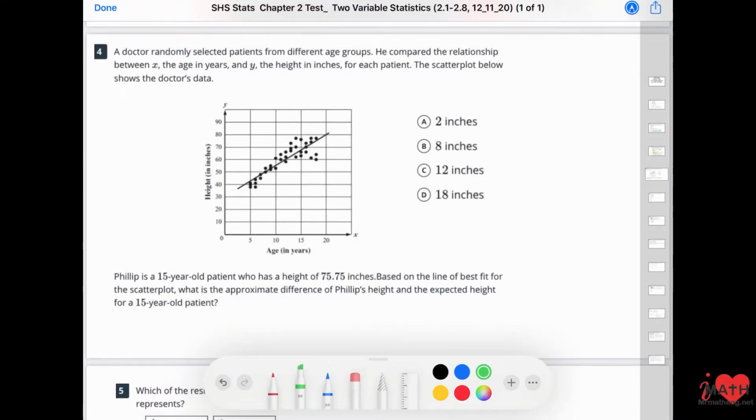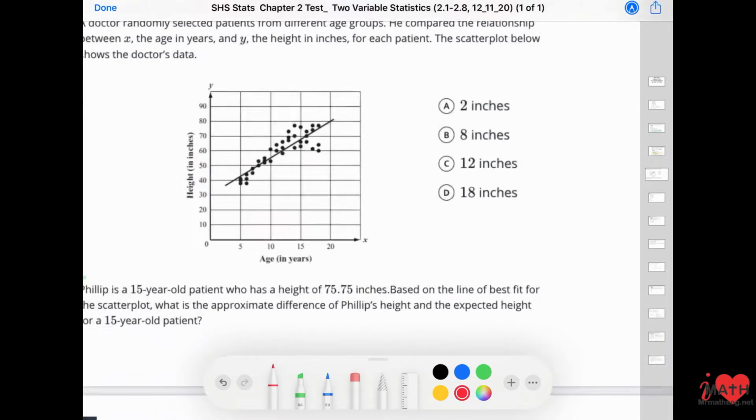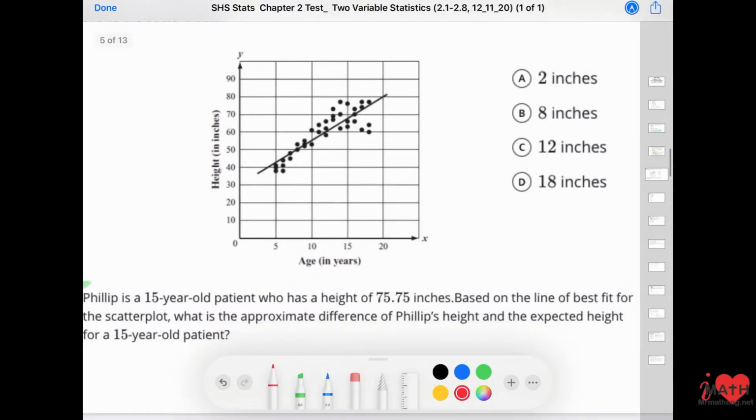Philip, down here, is a 15-year-old patient whose height is 75.75 inches. So let's go find Philip. I have age 15 and around 75 is there. So I'm going to say that Philip is this ordered pair right here.